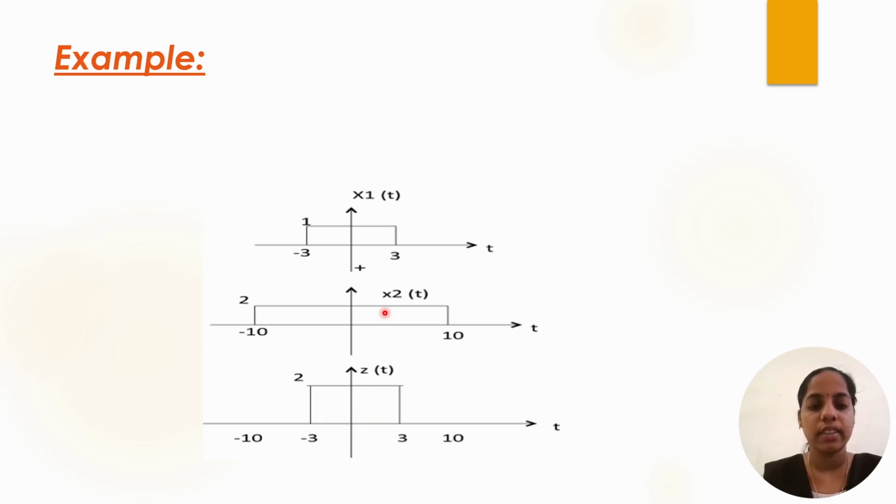When we add both x1 and x2, we get z of t. Here x1 of t is from -3 to 3 and x2 of t is from -10 to 10. These both are added and we get the addition of two signals, z of t.